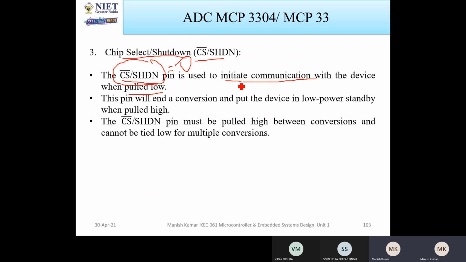Again, when the conversion has ended, it is pulled high. With the help of this pin, you can control the ADC.